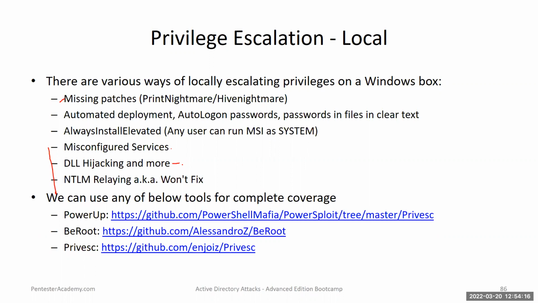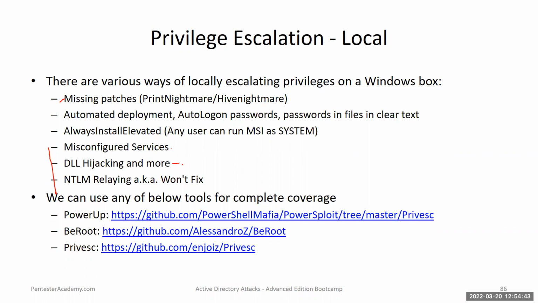And finally, NTLM relay, also known as don't fix. So stuff like Juicy Potato or Remote Potato, techniques like that can be used to escalate privileges, and Microsoft does not fix NTLM relaying anymore. They simply tell you to turn off NTLM authentication in your environment, and that's it.